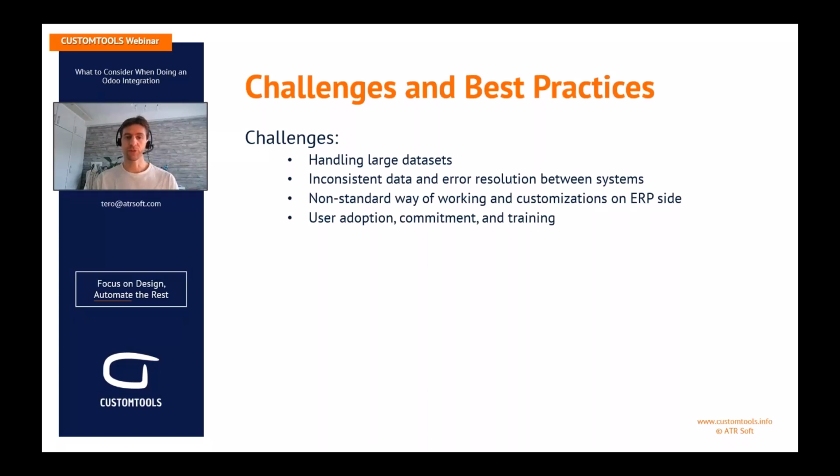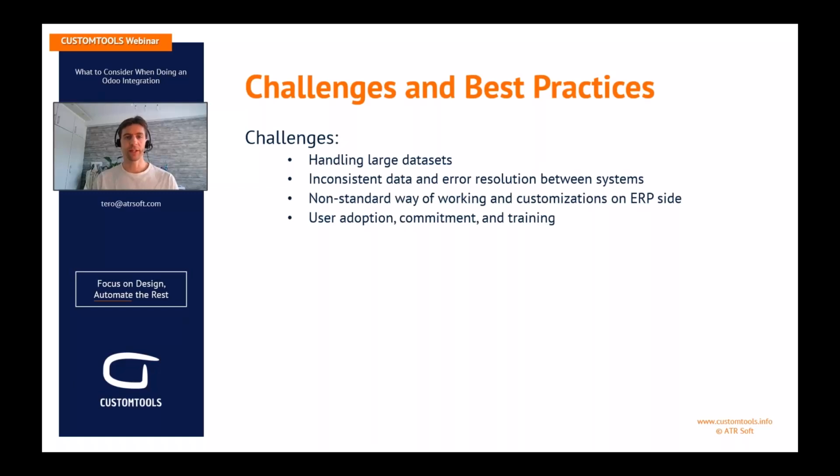Customizations or deviations from standard ERP workflows can complicate integration. Tailored ERP solutions often require unique integration configurations, increasing complexity. CAD workflows may not align with ERP's predefined processes. Relying on custom scripts or APIs can lead to maintenance challenges and compatibility issues during upgrades.